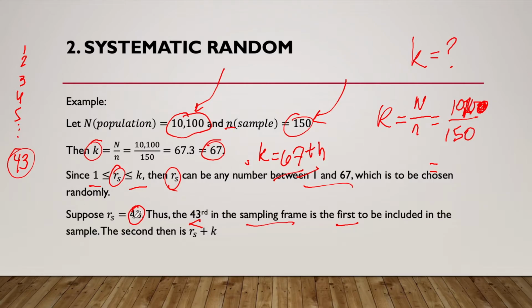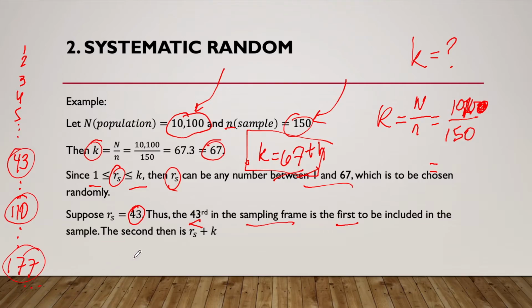Now, after the 43rd, you must select the second. The second is the 43rd plus your k, which is where the every 67th person starts. So 43, you add the 67, which is your interval. The next one you will interview or survey is the 110th person. Then you add another 67, and the next person that you will interview is the 177th, and you know what happens then.